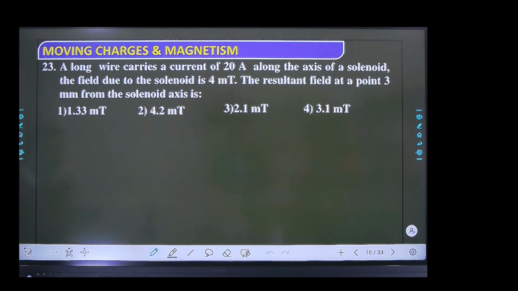A long wire carries a current of 20 ampere along the axis of a solenoid. The field due to the solenoid is 4 millitesla.